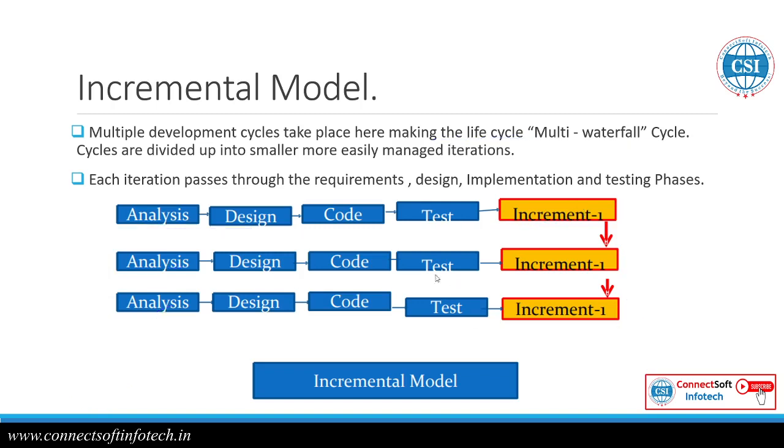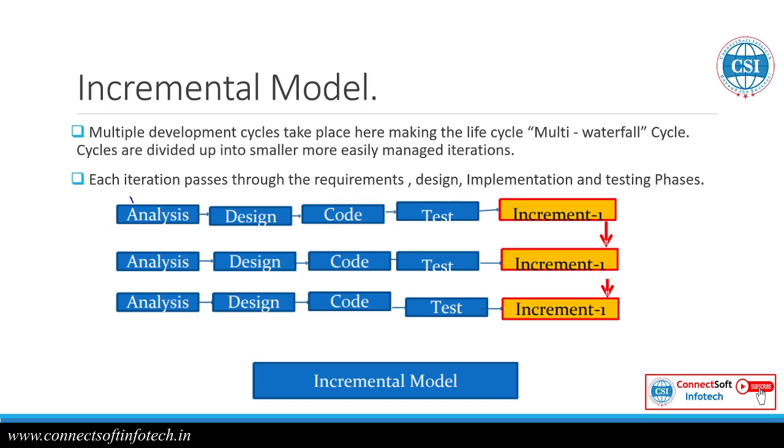Like a waterfall, we follow the entire cycle for one duration of time, we get a product, then requirements change and we add some features, so again we follow the same linear waterfall cycle. Each cycle is known as an iteration, and each iteration undergoes the analysis, designing, coding and testing phases.